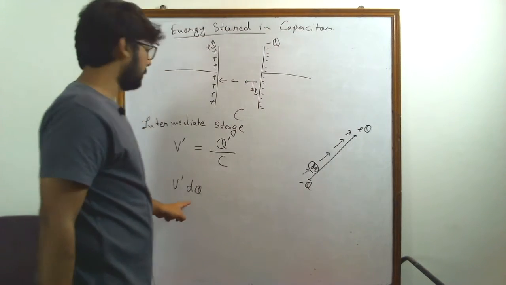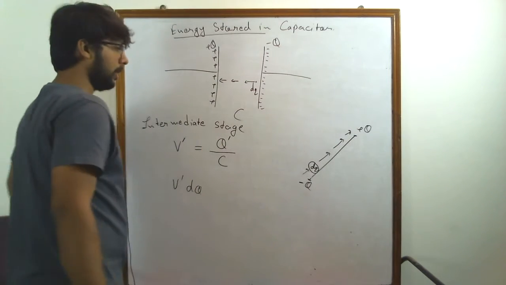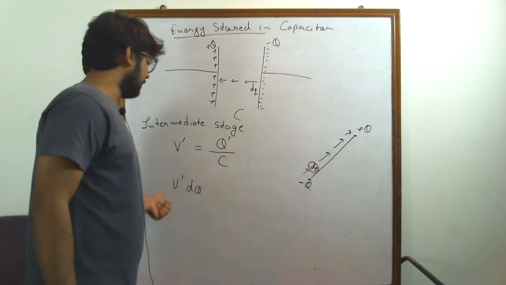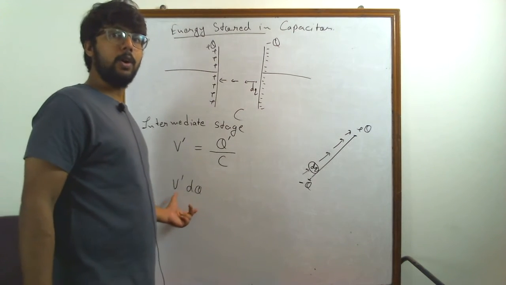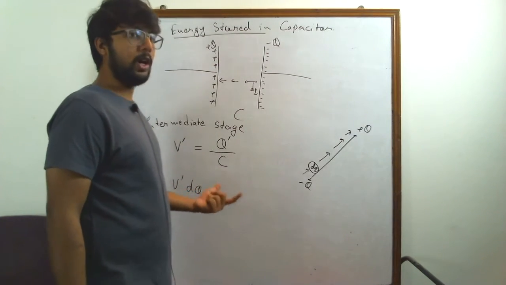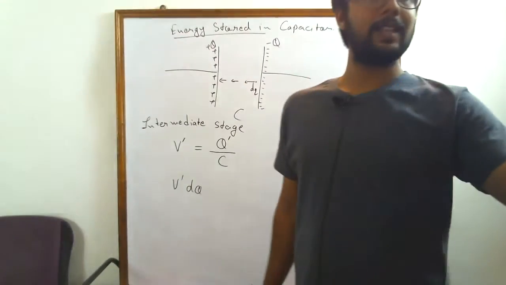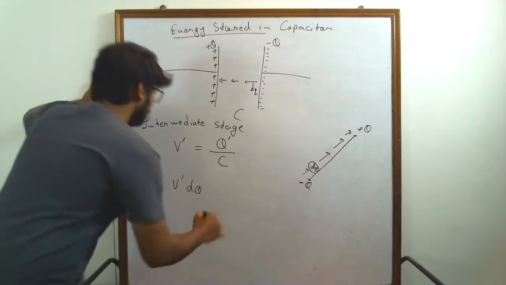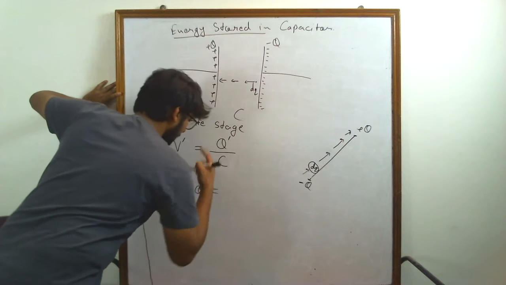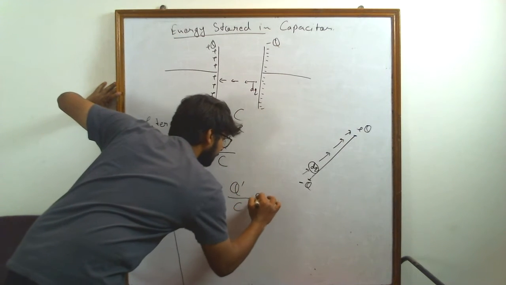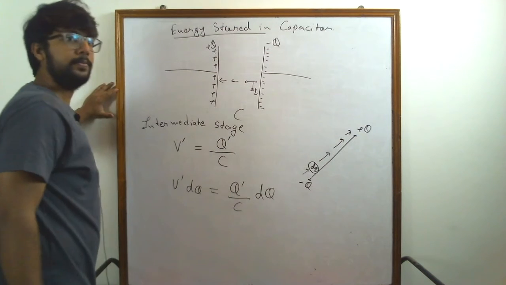Okay, I am using capital Q this time so that it's easier for us to understand, but this will be the potential energy of the charge, right? Makes sense? So that's why we are taking dq, and I will have to multiply the same on the other side as well. So Q dash upon C into dq.